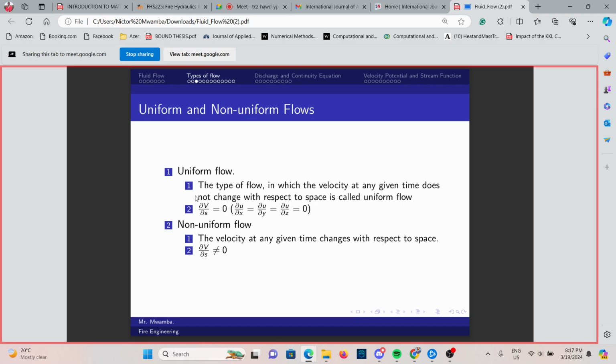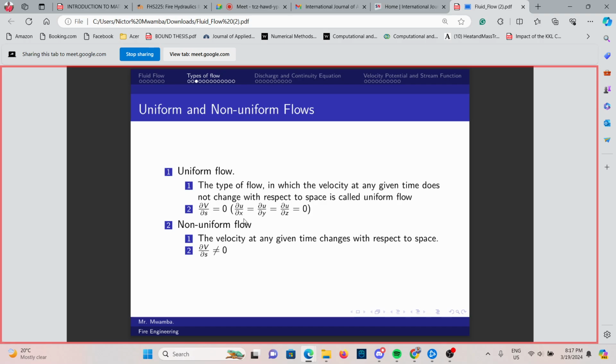When the water reaches the nozzle, the velocity of the fluid changes. It has changed because the shape of the pipe has changed, so it has changed with respect to space.